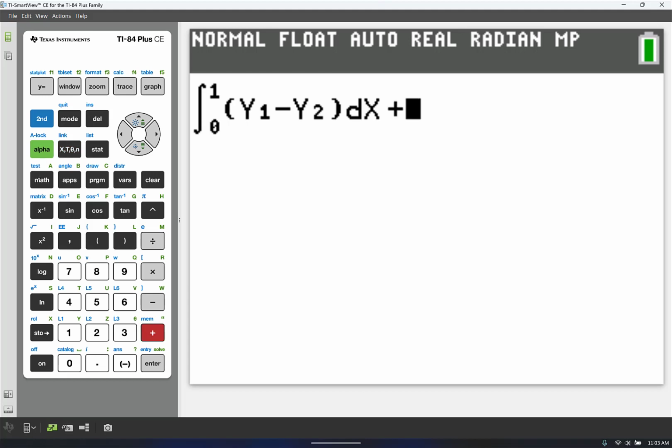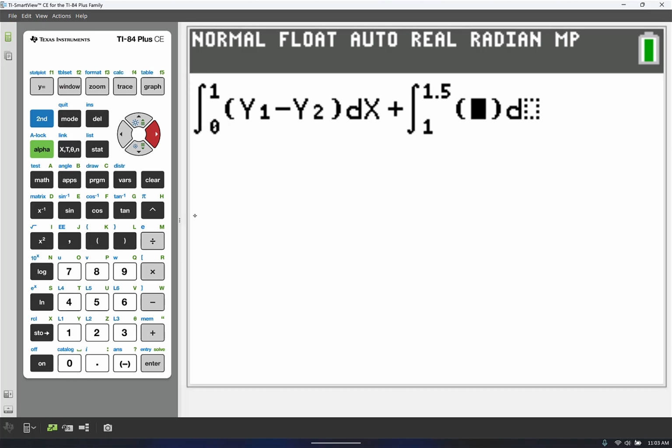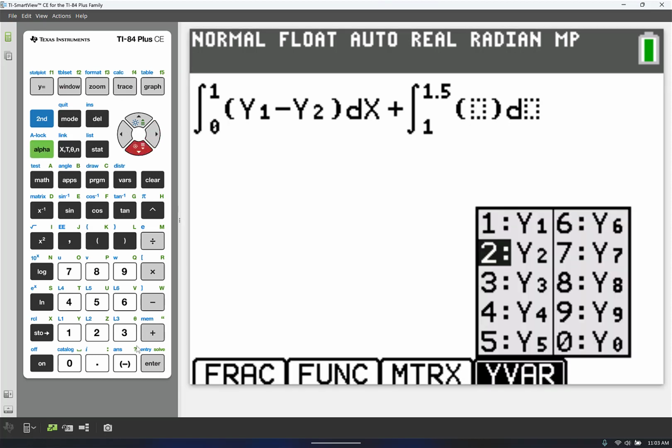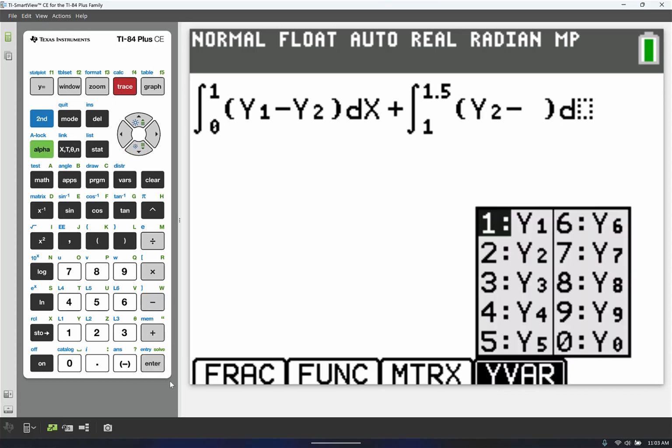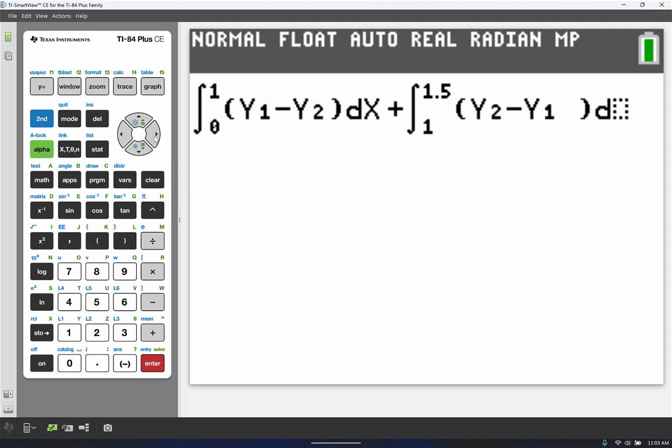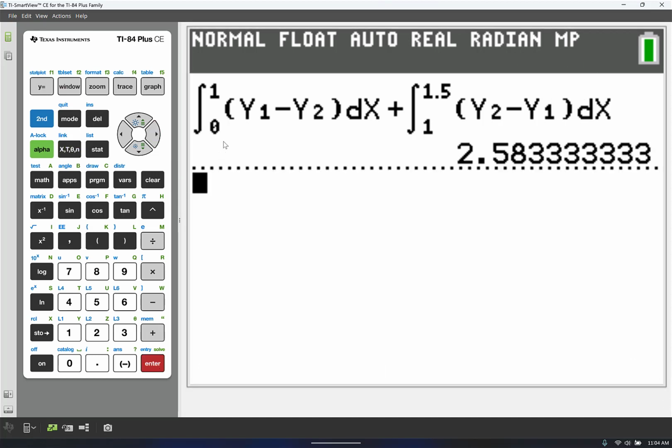Plus math 9, 1 to 1.5. Now I switch the order here. Y2 minus alpha trace y1. And I push enter. There it is.